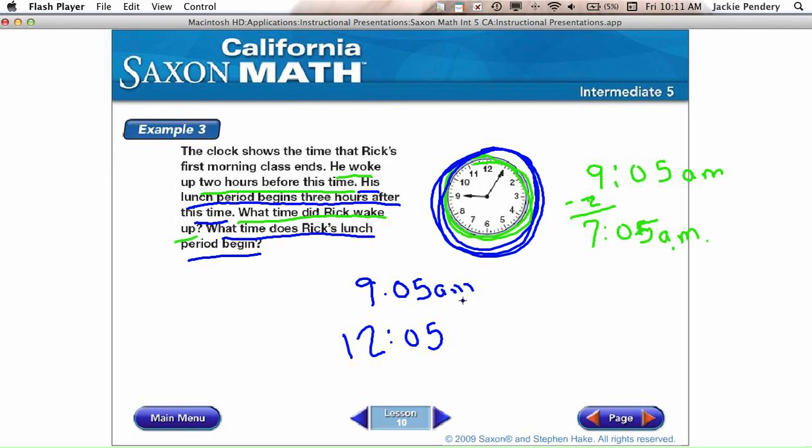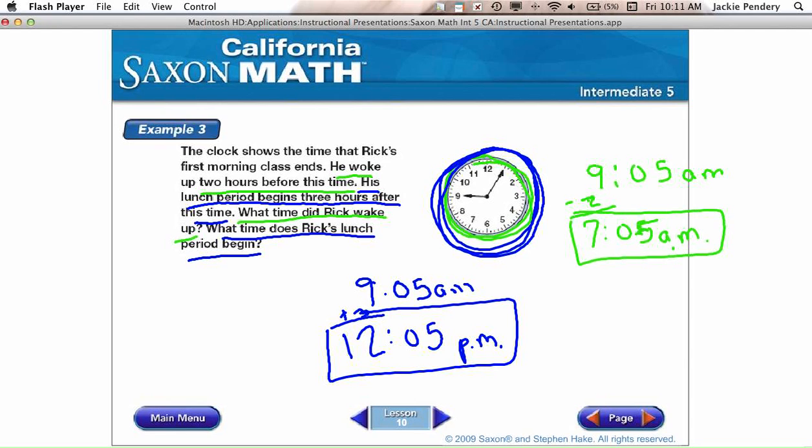But we have switched. Anything after 12 now becomes p.m. Okay, again, this is like adding 3 hours. We leave the minutes alone though. So remember, whenever you go before, you're taking time away, and after a time is adding it. Okay, so these are your two answers. Lunch begins at 12:05 and he woke up at 7:05.